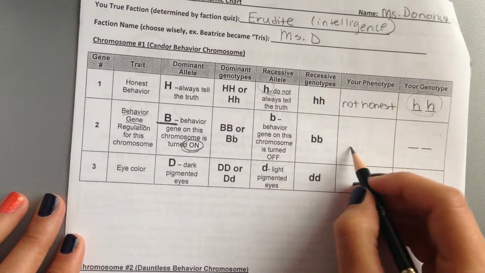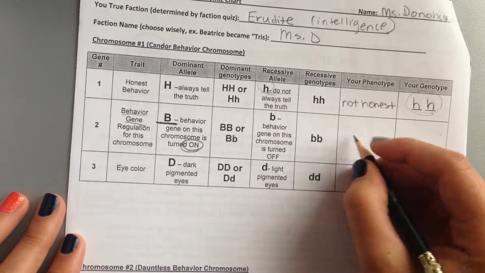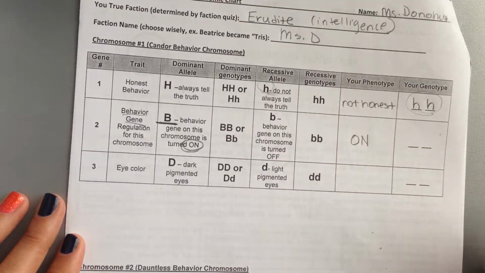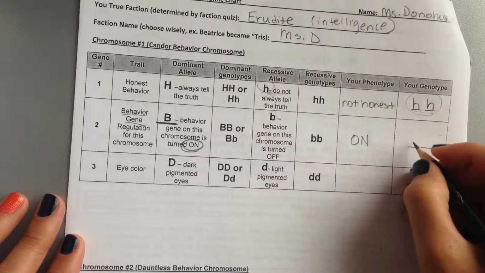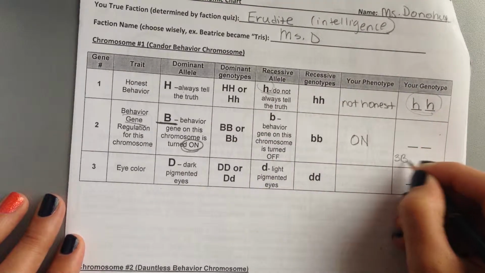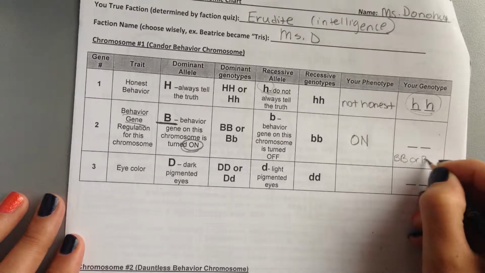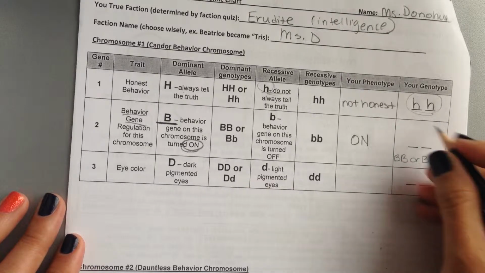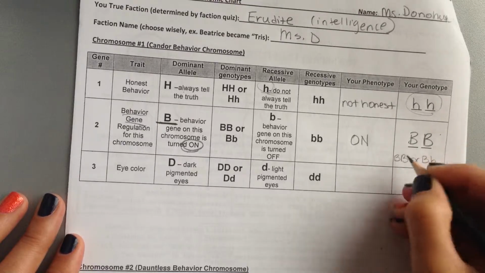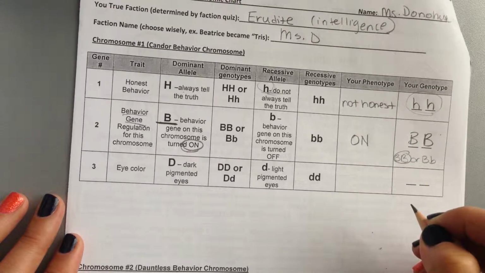Where it says your phenotype for this behavior regulator gene, I'm going to put on. And my genotype for it, I get to pick. It could be big B, big B, or big B, little b. In this case, I'm going to choose big B, big B. And that's what your chart should look like so far.